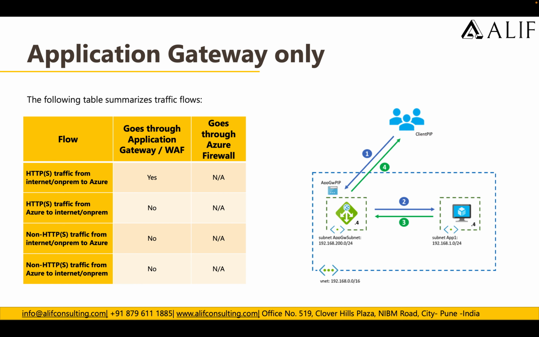If you have enabled SSL offloading on your application gateway, that will be taken care of by the application gateway. If you have enabled end-to-end SSL, that's something you can also do in this case, and the application gateway and servers will take care of that as well. So these kinds of things you can implement with application gateway only mode.